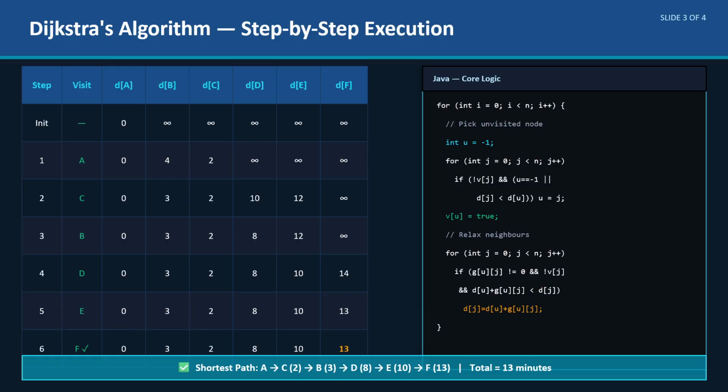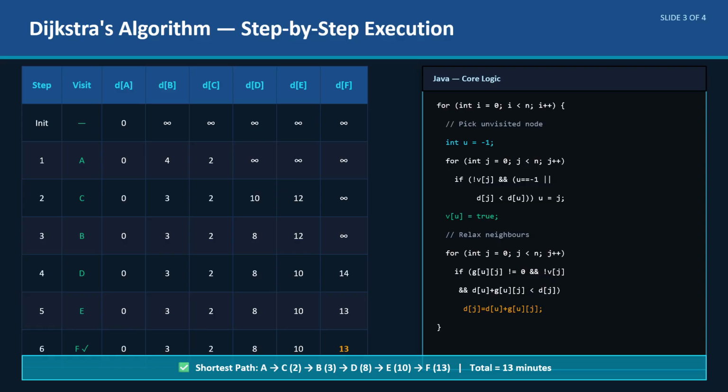Then we repeat this process. Pick the unvisited node with the smallest known distance. Mark it as visited, then look at all its neighbors. If going through this node gives a shorter path to any neighbor, update the neighbor's distance. This is called relaxation.